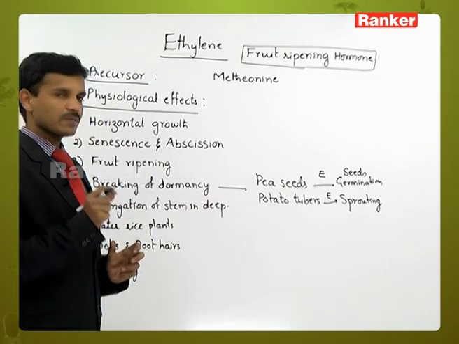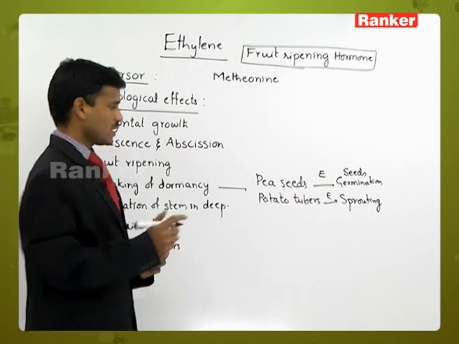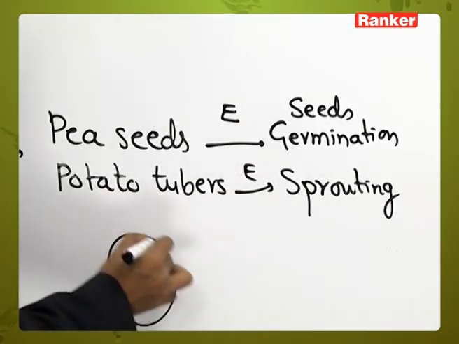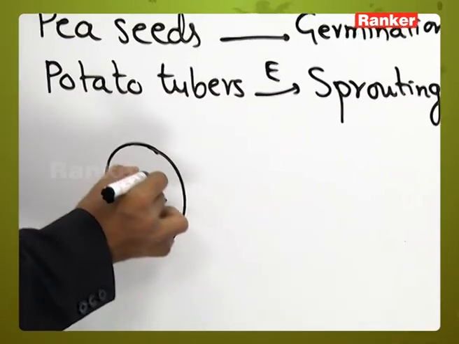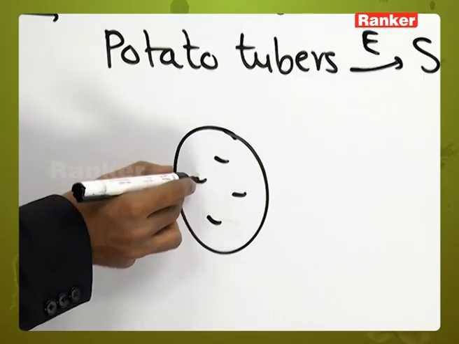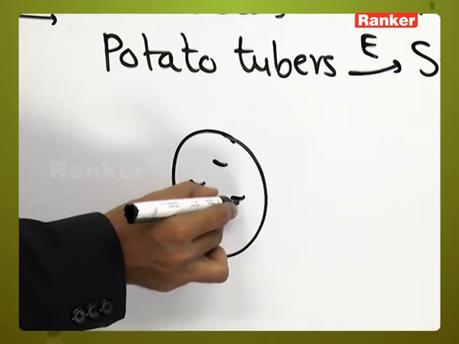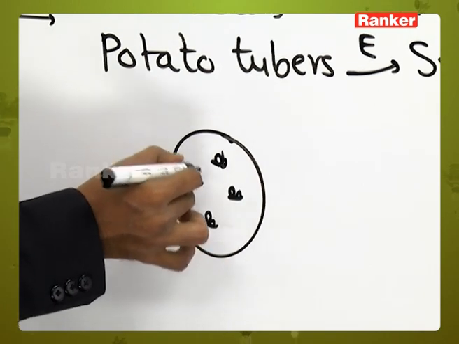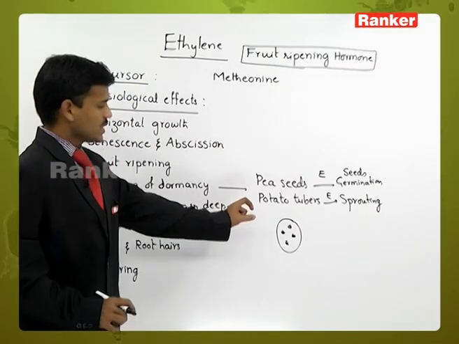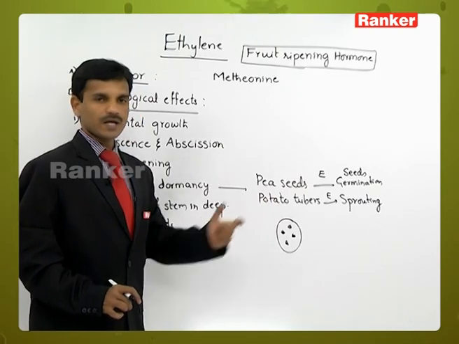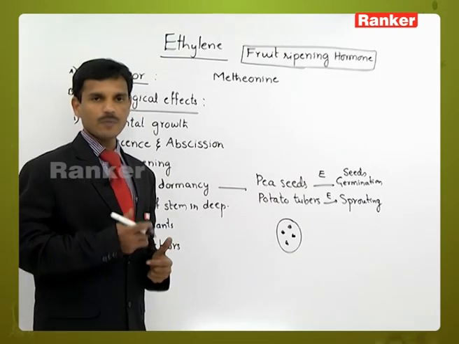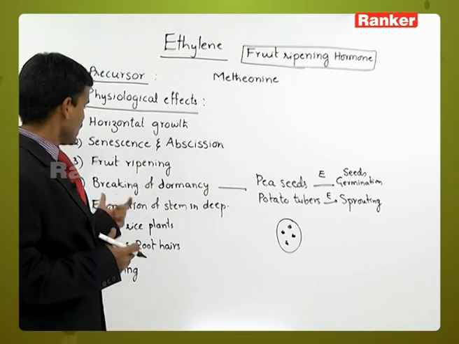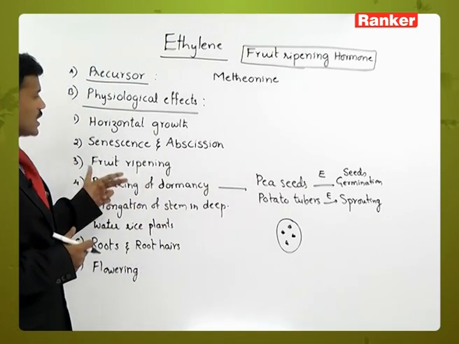Sprouting means small buds are formed from the nodal portions. Each bud develops into a new plant, which is vegetative propagation. So ethylene is involved in breaking dormancy.